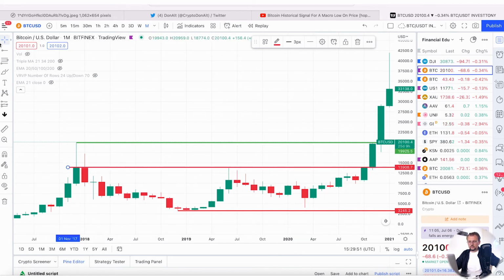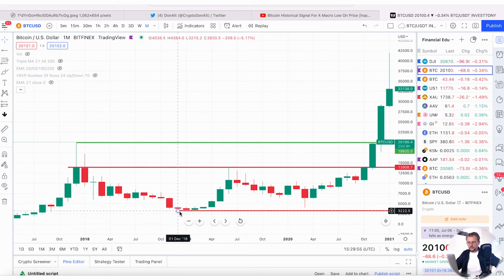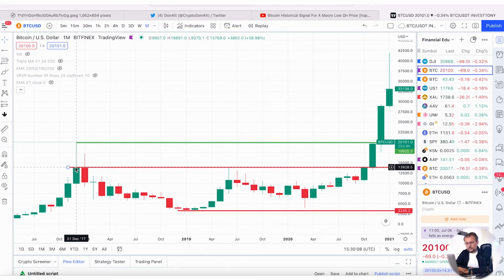So the lesson from here: the wick, the top of the wick and the bottom of the wick are important levels. Also, the opening and the closing of the candles are important as well. Here we can see if we had this line since December 2017, that would give us an idea where to exit our position and where to take profits.